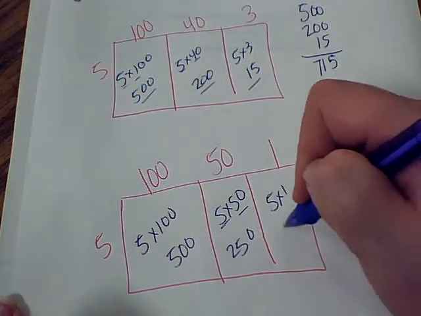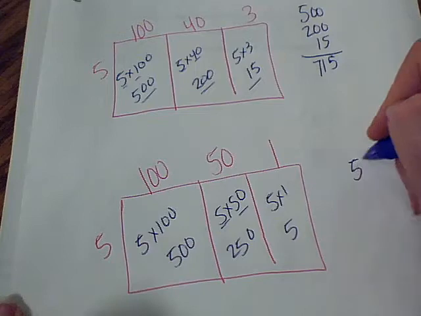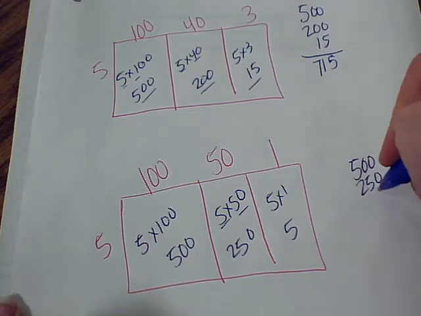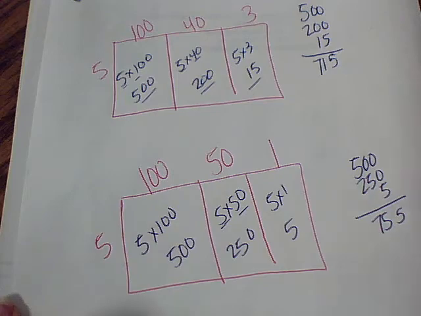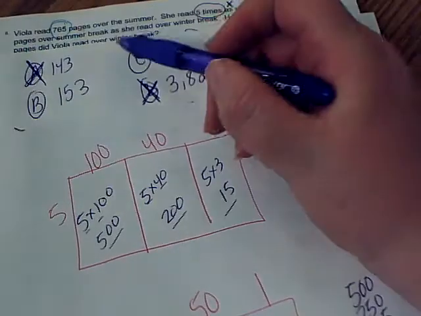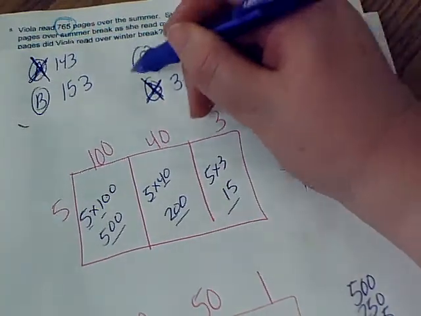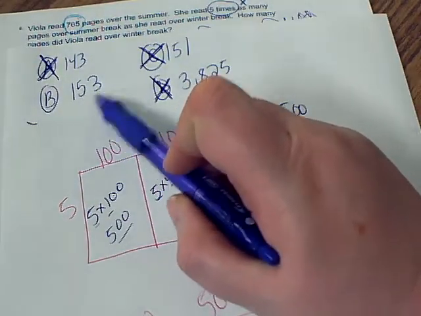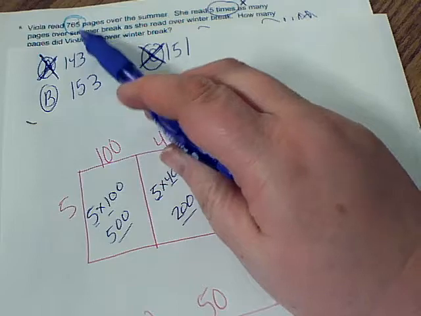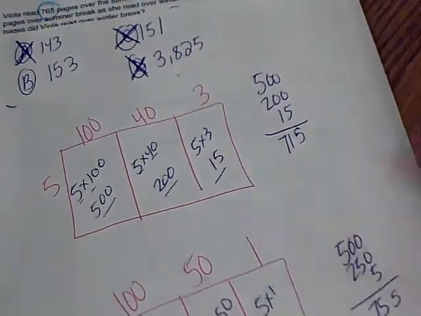And 5 times 1 is 5. Take these answers, 500, 250, and 5, and I get 755. It does not equal 765, so that cannot be the right answer. So you're going to need to see, does 153 times 5 equal 765?